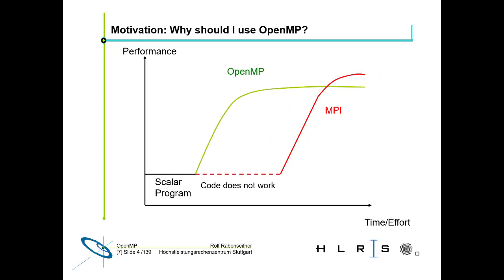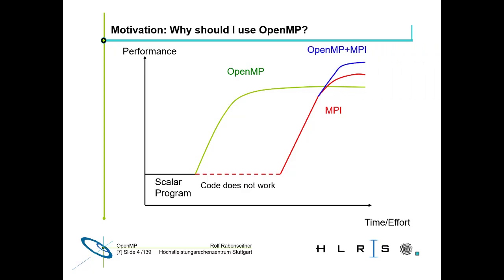So in OpenMP the situation is a little bit different, because you can incrementally parallelize your application. So as soon as you start working on parallelization, you already reap some of the benefits. And of course, you do have to spend some effort in order to get to a certain performance level. And as you can see from the graph, actually the performance you can expect from OpenMP at the end of the day will be lower than that of MPI.